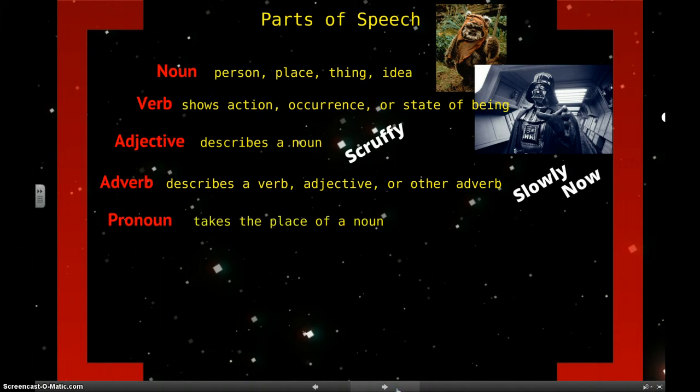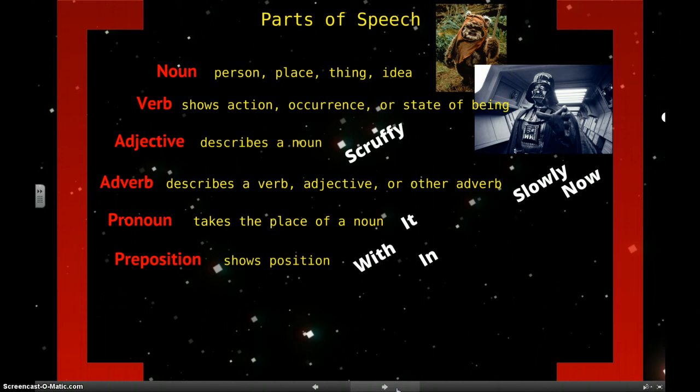Pronouns take the place of nouns. So words like it or he or she are pronouns. They're less specific versions referring to more specific nouns. Prepositions are very important when we get into the more difficult parts of grammar. They show position. These are words like with and in. So you can be with a friend in a restaurant.